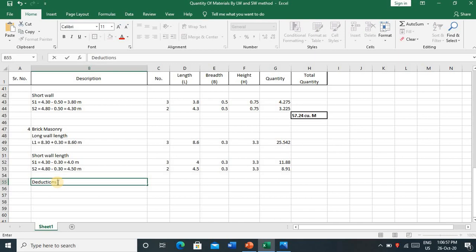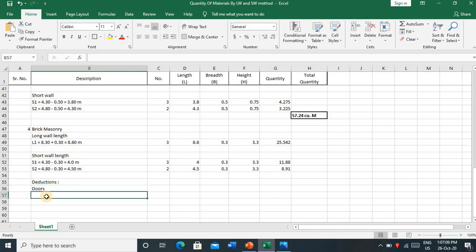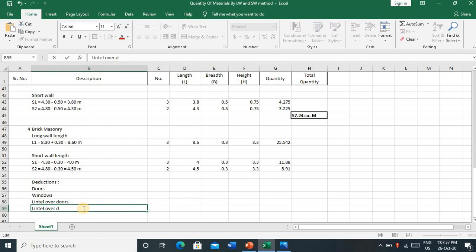See, deductions are doors, windows, lintel over doors and lintel over windows.